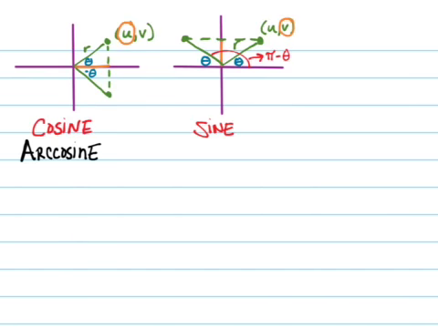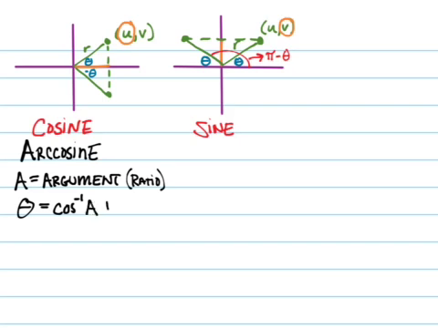So here's our pictures for sine and cosine. So we defined this thing called arccosine from before, which is all the angles. And in the book, we're now calling A the argument. So in this case, it would be our ratio. So the argument is the thing that you put into the inverse. And this is the same as before.